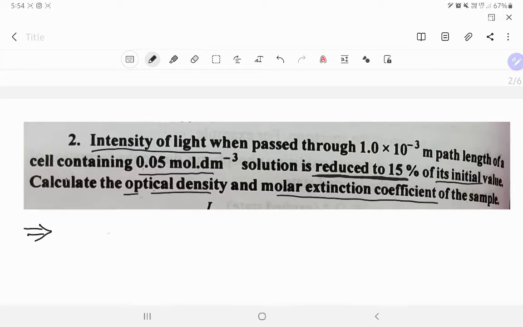Now what is given? Initial light has passed through, x is given here, 1 into 10 raised to minus 3 meter. Path length is given. Again concentration is given, 0.05 mole per dm cube.